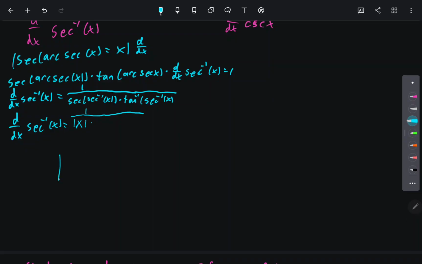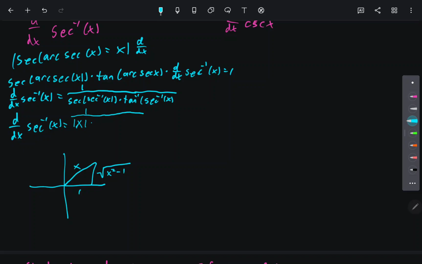To find that, we once again go to our trusty triangle that we've learned so much about today. Secant is really the hypotenuse over the adjacent, so that's going to be x over 1. So we're going to get the square root of x squared minus 1 for our side length b.